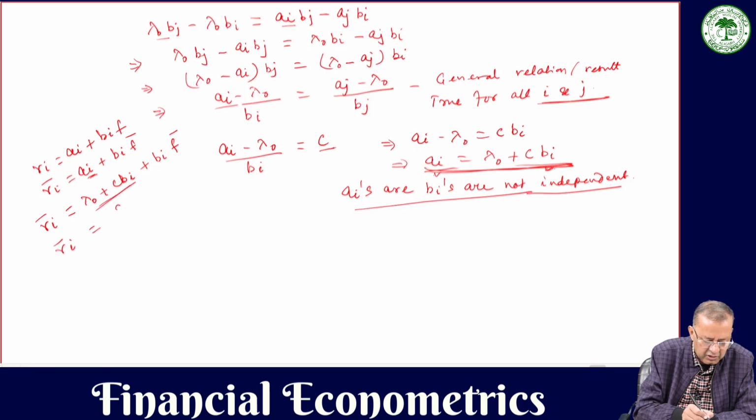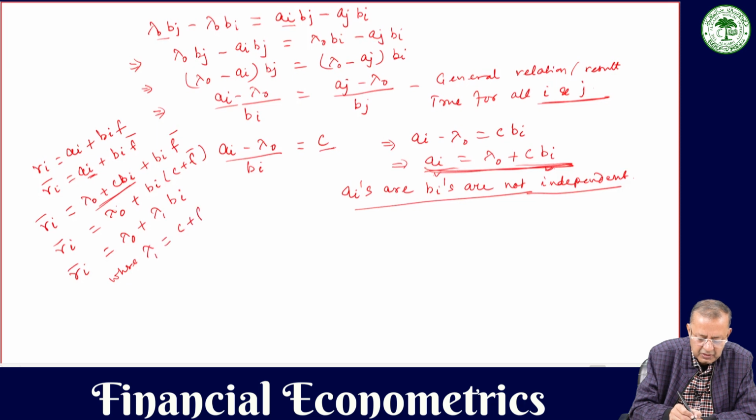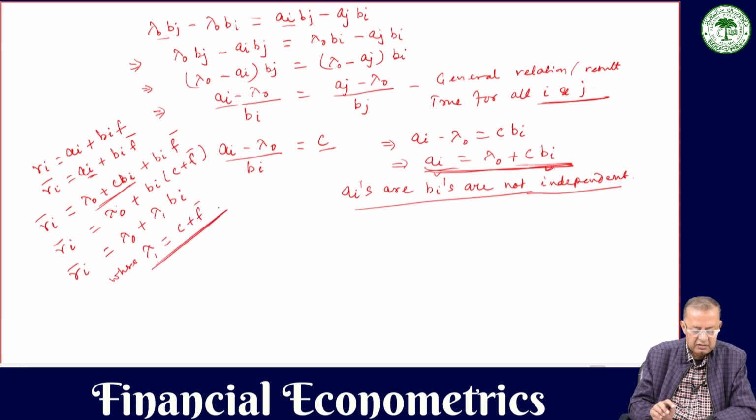So Ri bar is equal to lambda 0 plus, taking BI as common, C plus F bar. So Ri bar is equal to lambda 0 plus lambda 1 into BI, where lambda 1 is equal to C plus F bar.